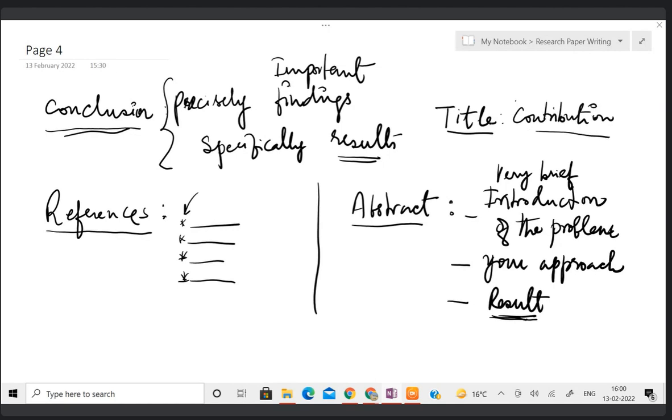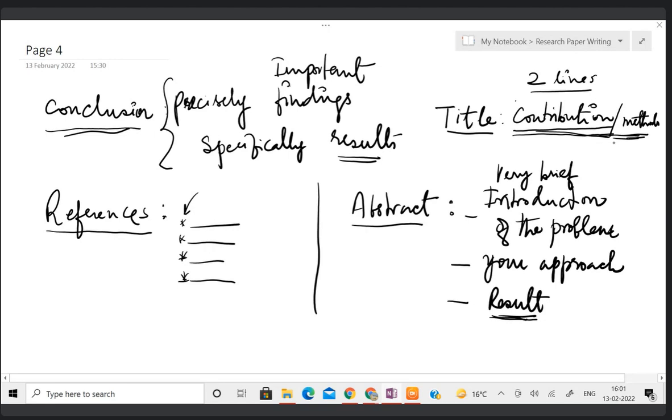It should highlight, and the title should be of one line or at most two lines, and it should be written in such a way that it highlights the main contribution of your work. And at times you may even mention some of the methods that you have adopted in tackling the problem.